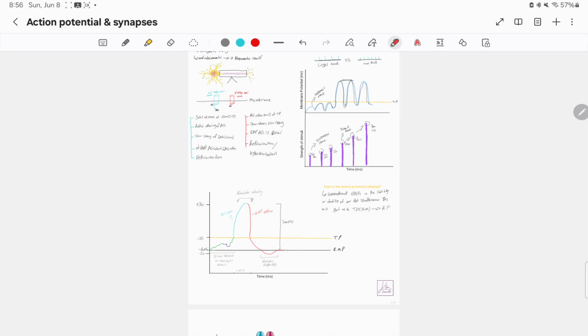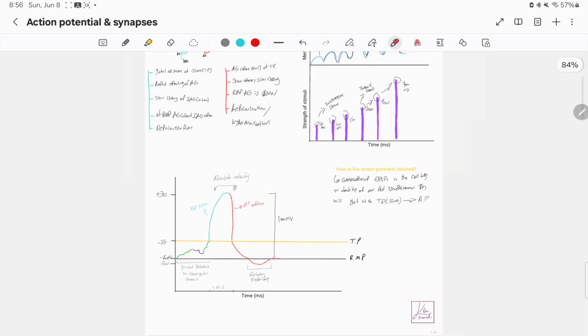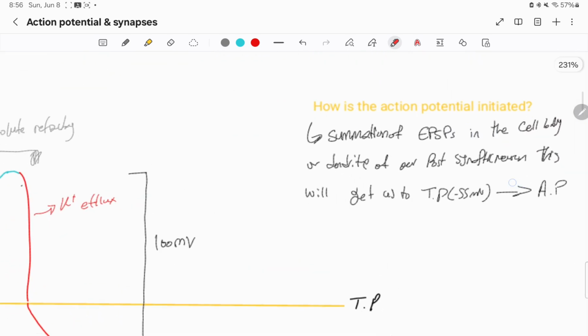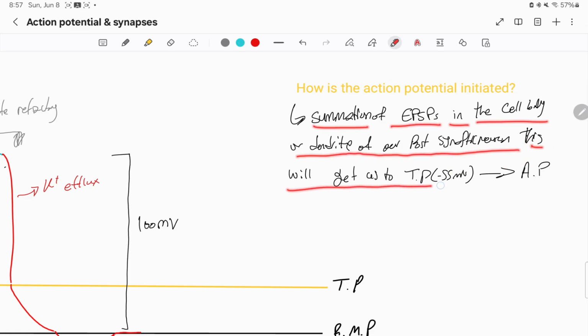Okay, and by the way, now that we've mentioned these voltage-gated channels and that they open at threshold potential, we can kind of change our definition of how the action potential is initiated and make it a little bit more accurate. We said that it is the summation of EPSPs in the cell body or dendrite of our postsynaptic neuron. This will get us to threshold potential, and then action potential occurs.